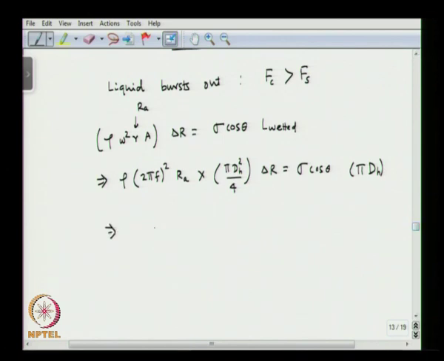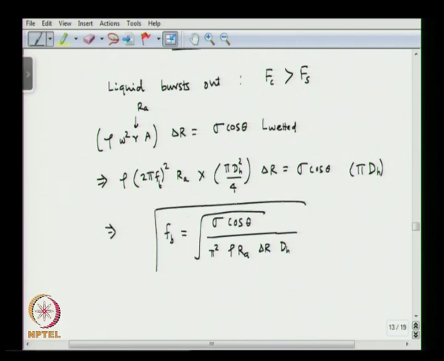Then from here we can predict what is going to be the burst frequency, okay. Fb is going to be sigma cos theta divided by pi square rho Ra into delta R into dH square.